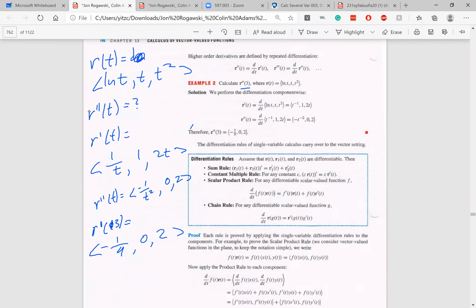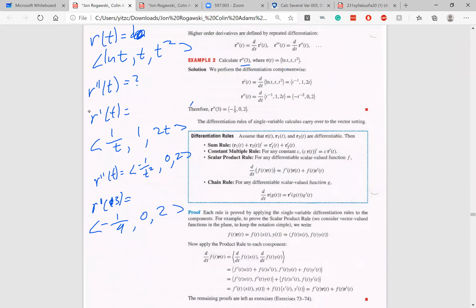Okay. So now, if you have two vectors and you add them, you can put the derivative inside. If you have a constant multiplying the vector, you can pull it out. Same thing as Calc 1.